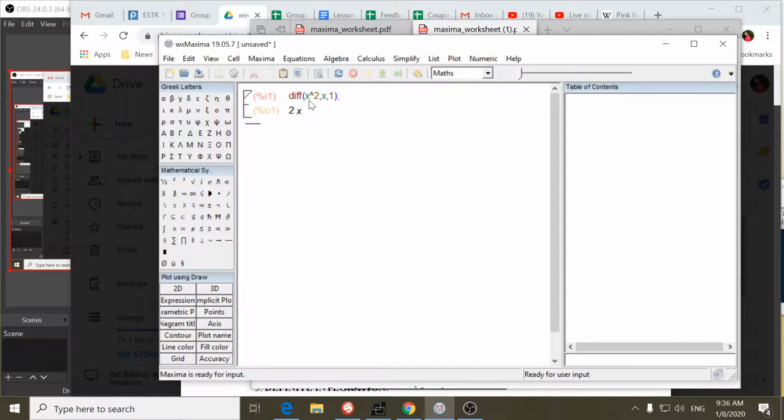So diff of x square, x comma 1, and the answer is 2 times x. If you want to type it out, you can do x square comma x comma 1, and then press shift enter. So remember, whenever you want to execute a command, press shift enter, and then that will happen.